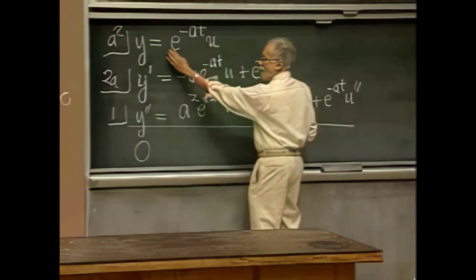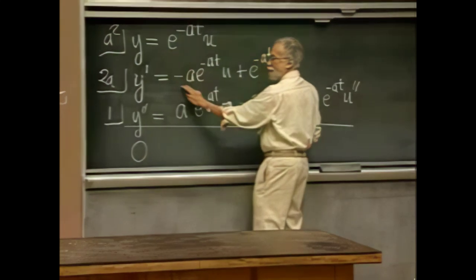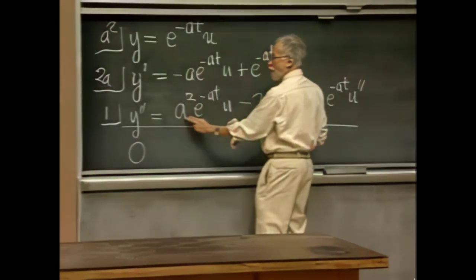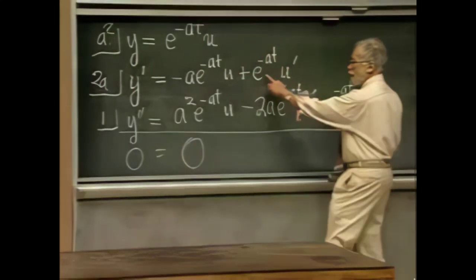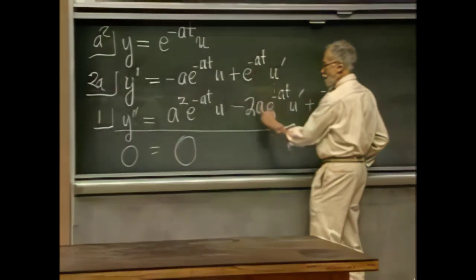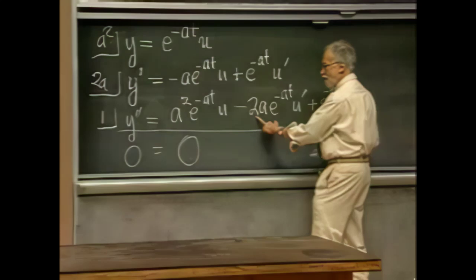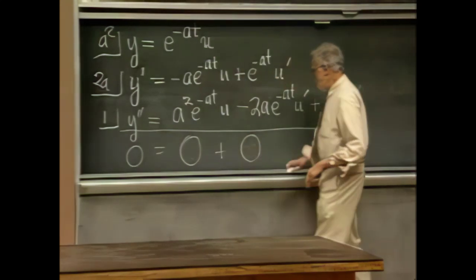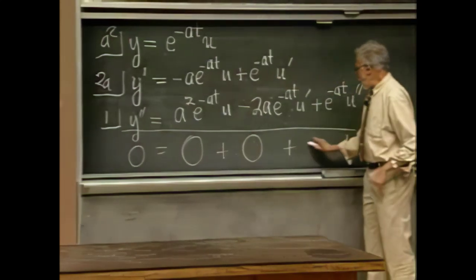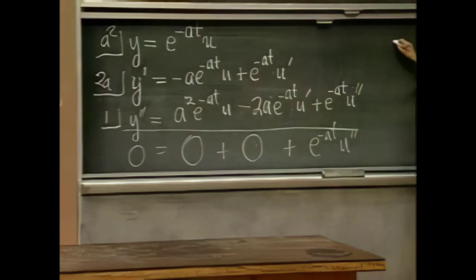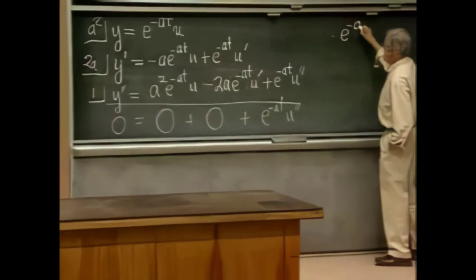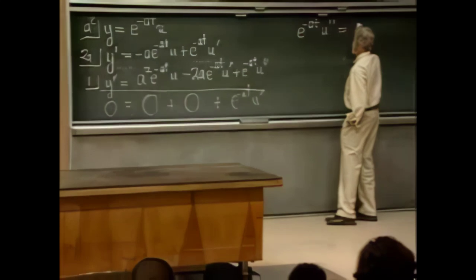This is a squared times this, plus 2a times that, plus 1 times that makes 0. 2a times this, plus 1 times this makes 0. All that survives is e to the minus at u double prime, and therefore e to the minus at u double prime is equal to 0.